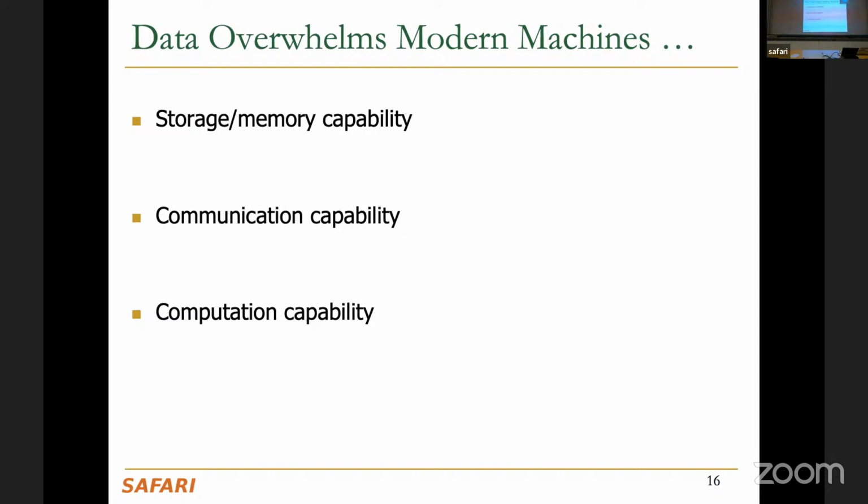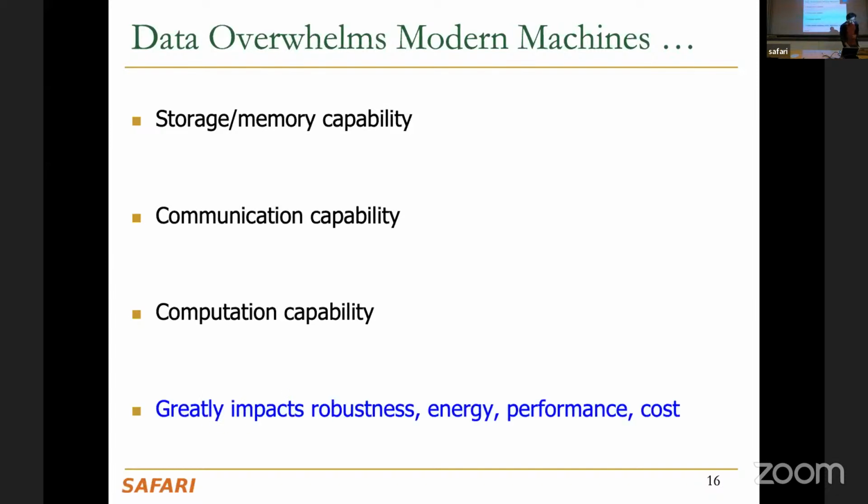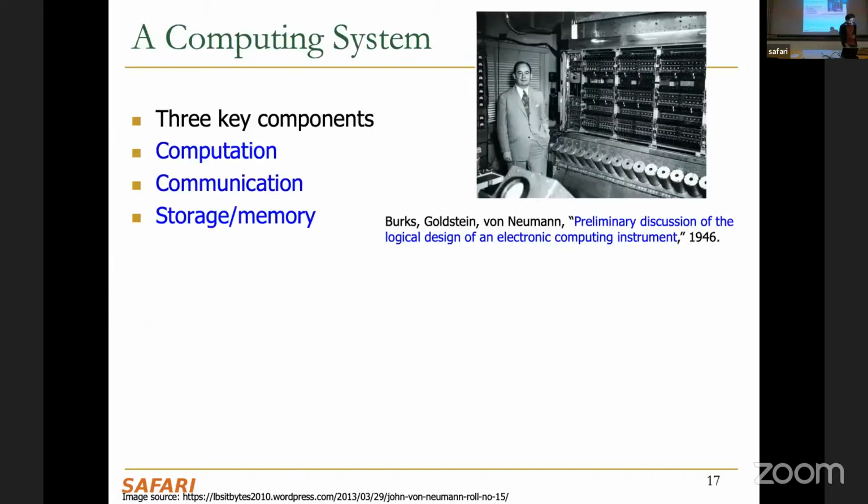Data overwhelms modern machines, and this affects the storage and memory capability, the communication capability, and the computation capability, which in the end are the most important components of computing systems. So data overwhelms the system and impacts robustness, energy, performance, cost, etc. Why the 3 components that we mentioned earlier?